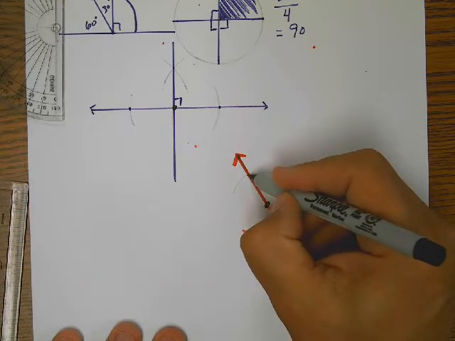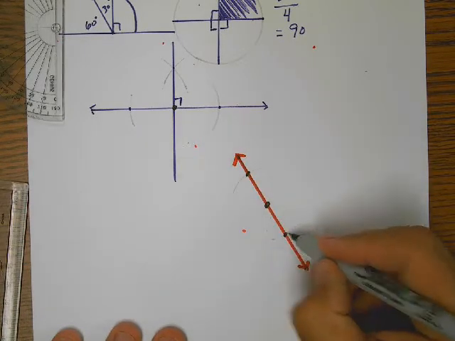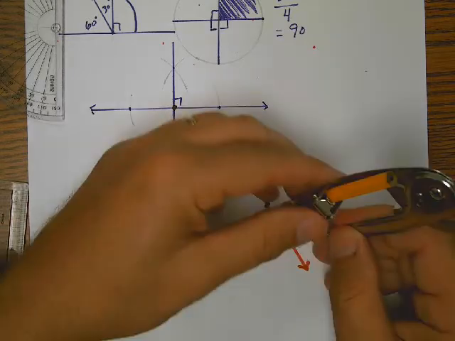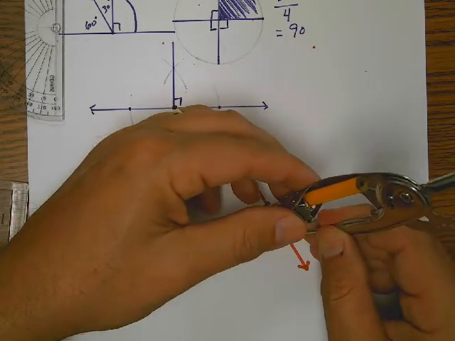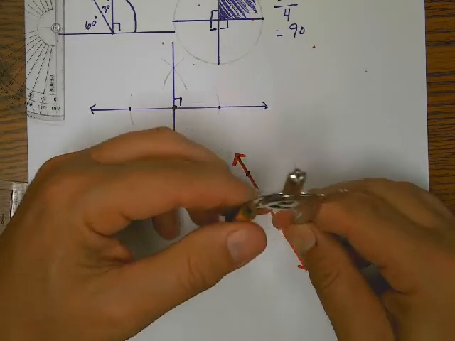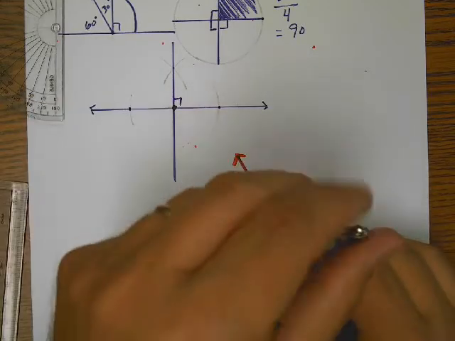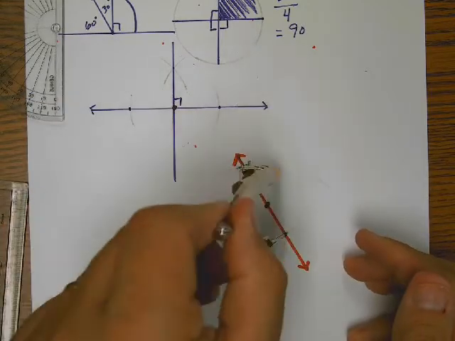I like to highlight those because my eyes are bad. Now, I go from those 2 points, and I can actually get 3 points. Watch this. I can go above and below both sides.